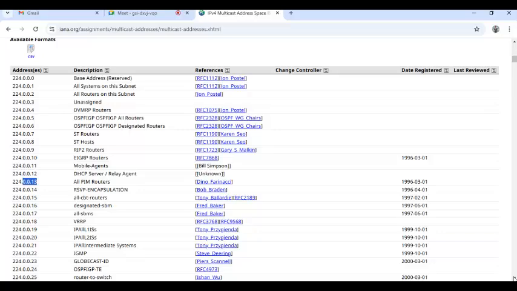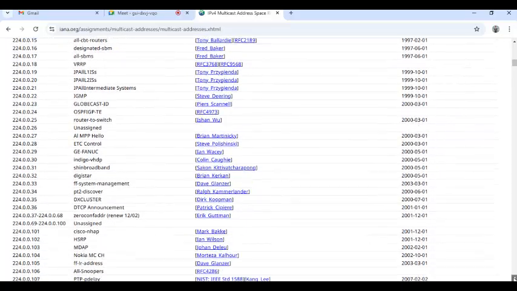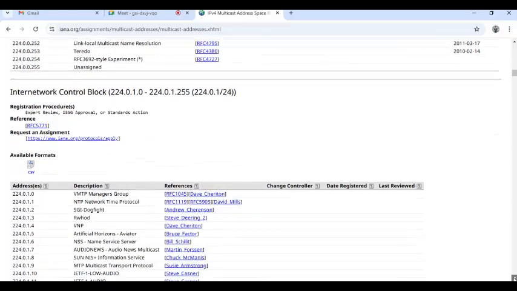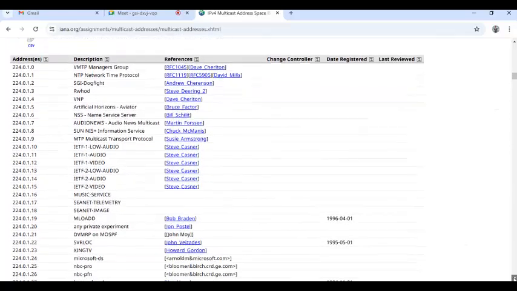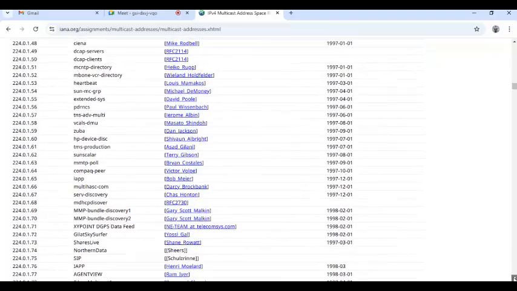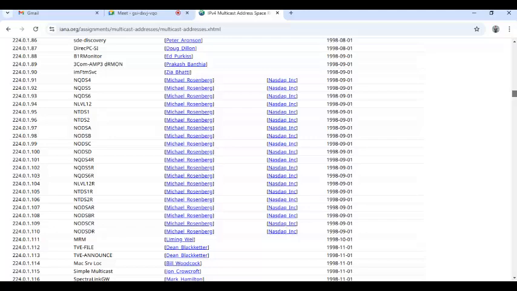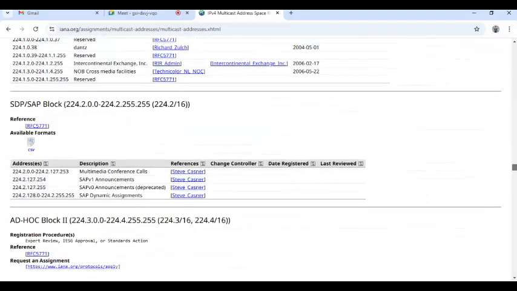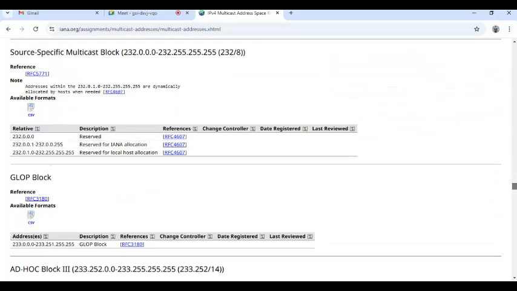So that base 224, don't use. You can use 239 easily. I can't remember all these things, but one thing you can remember is that 239 is available. All these reservations you cannot remember, but there are reservations.